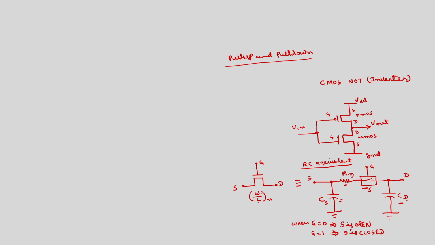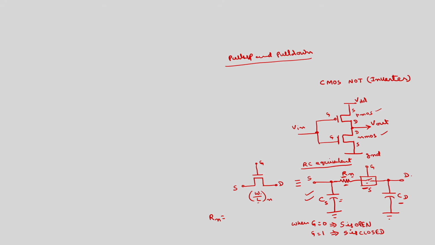If I replace this by NMOS and PMOS, we can write in a similar manner for the PMOS also. Here the resistance Rn is the on resistance. In off, this will be open circuited, so no resistance will come into picture, that is almost infinite.